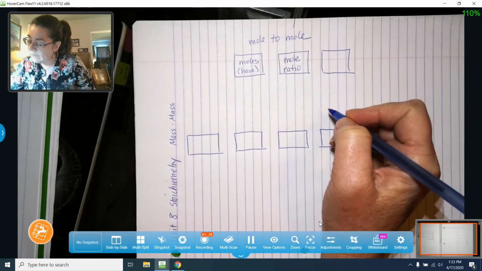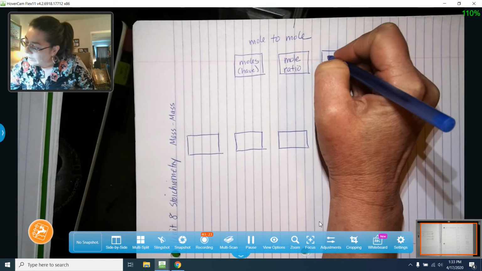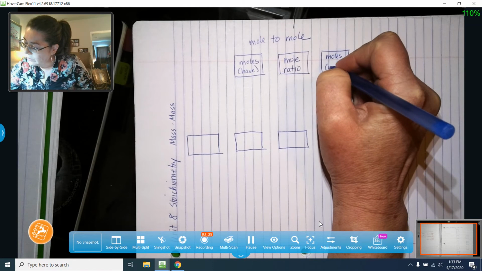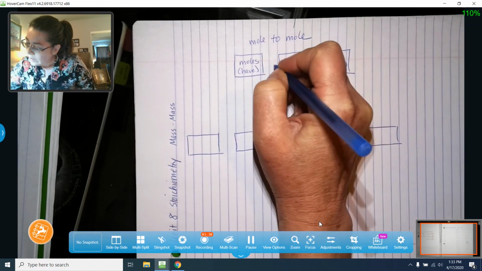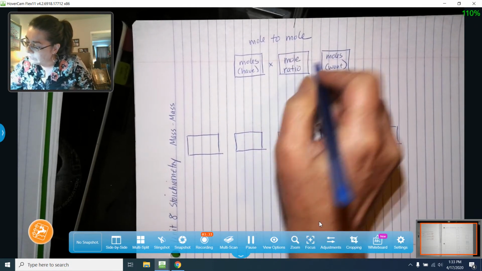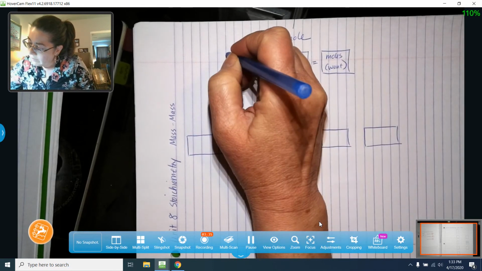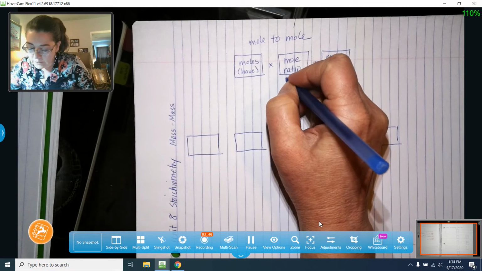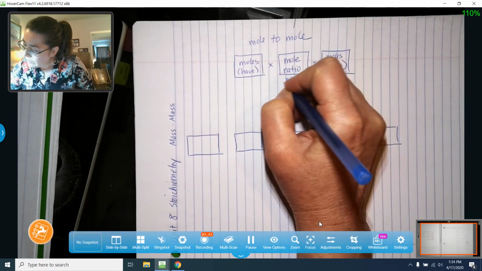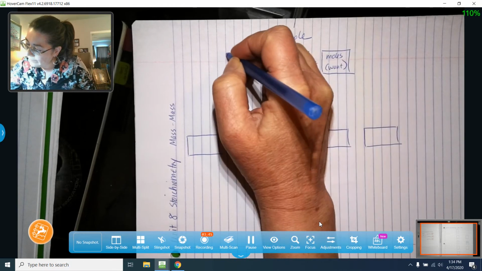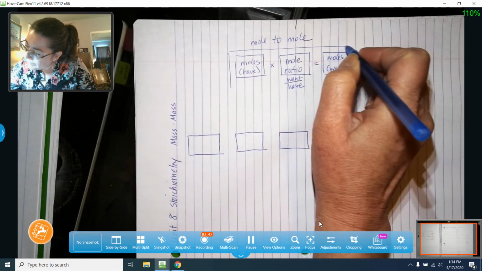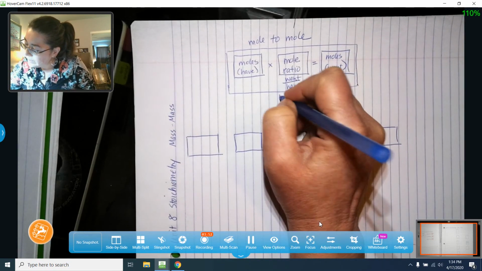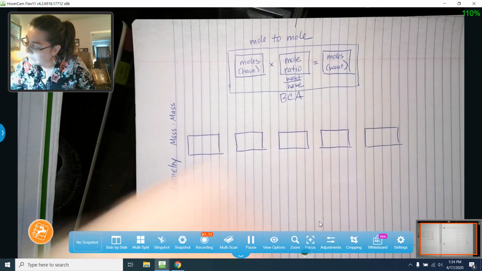Then you end up with the moles of what we're seeking, our want. You multiply these two to get that. By the way, you can think of this mole ratio as want over have. And this whole thing is what we're doing on the BCA chart.